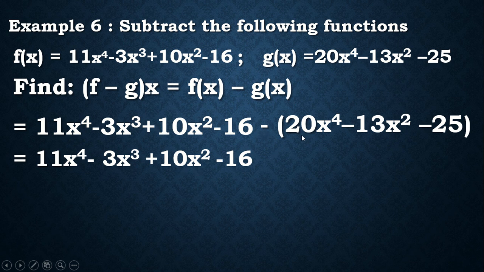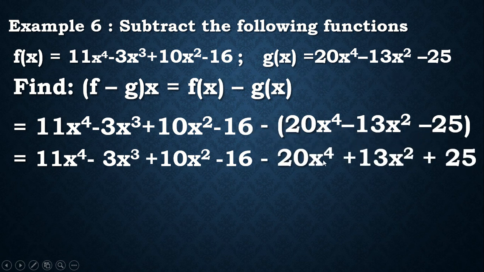Negative times positive 20x to the fourth, we have negative 20x to the fourth. And then negative times negative, we have positive 13x squared. Negative times negative, we have positive 25. That is the distributive property of multiplication. You have to multiply the terms inside the parenthesis by this negative sign or subtraction sign.